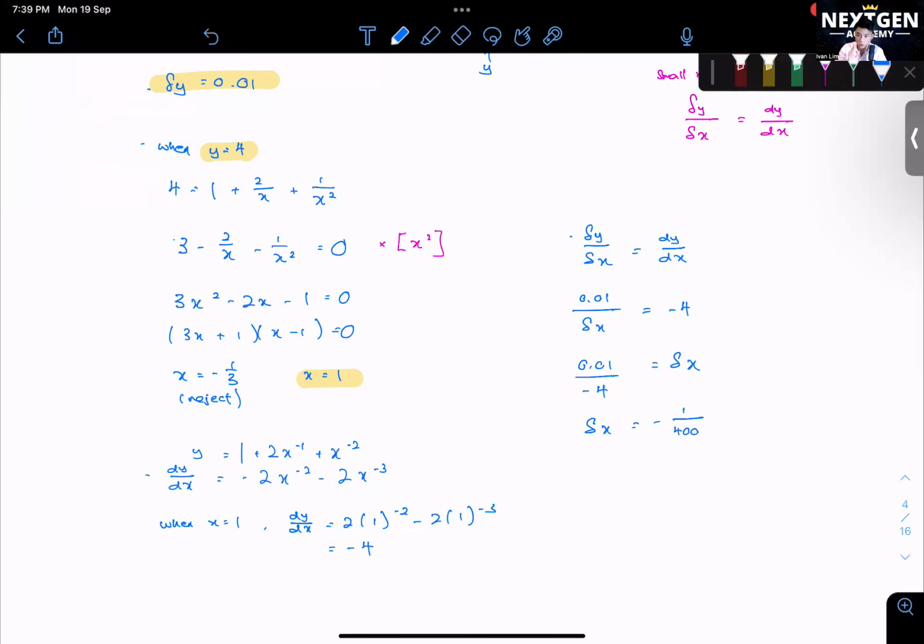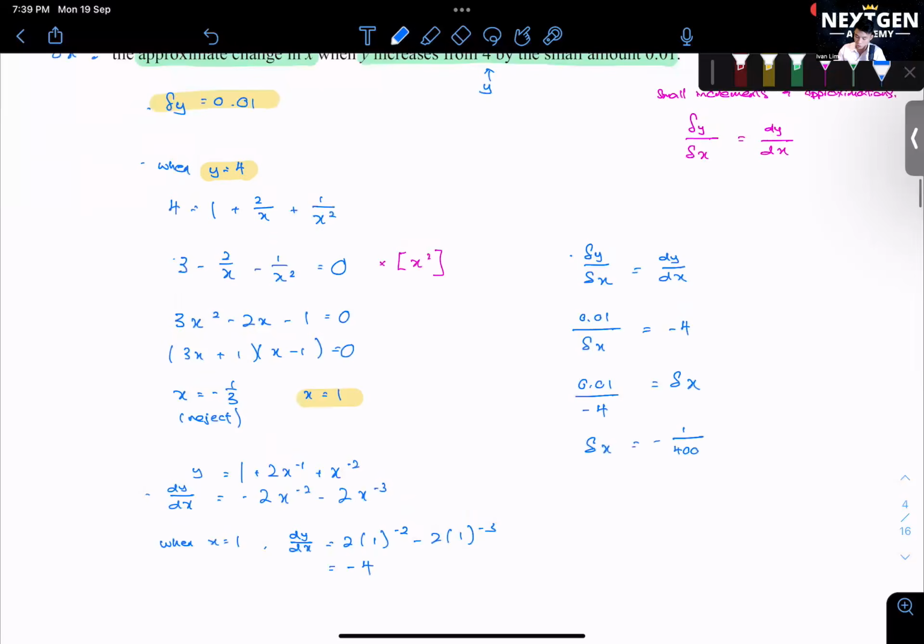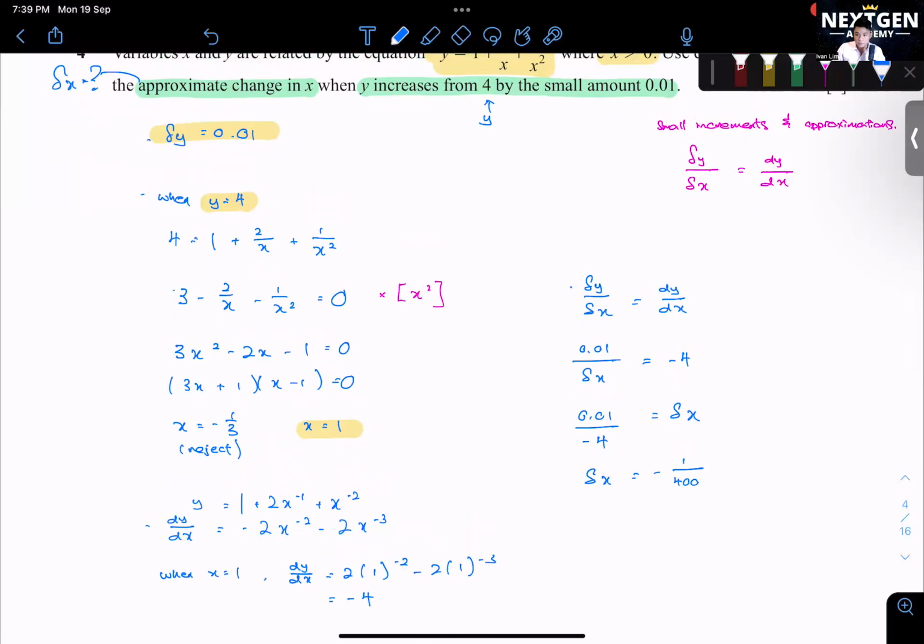So you need to not assume. If they give you delta y, you include the -1 over 3. That means you found for the -1 over 3 also.